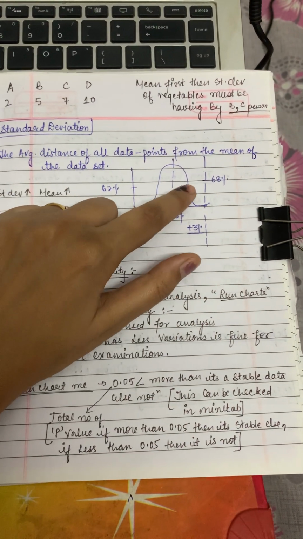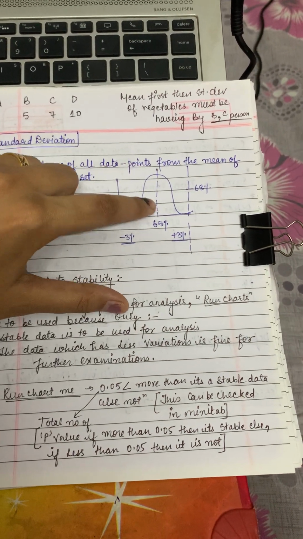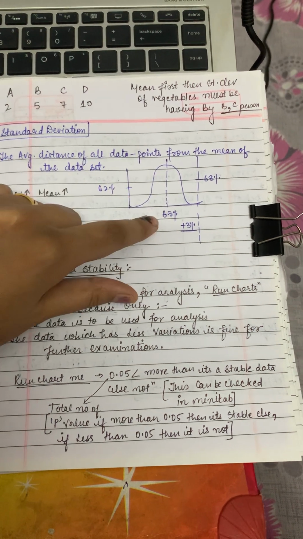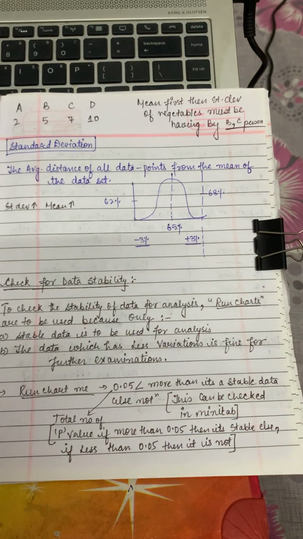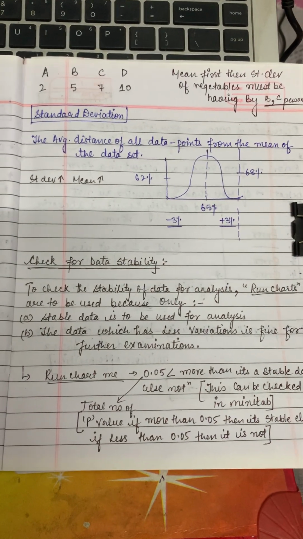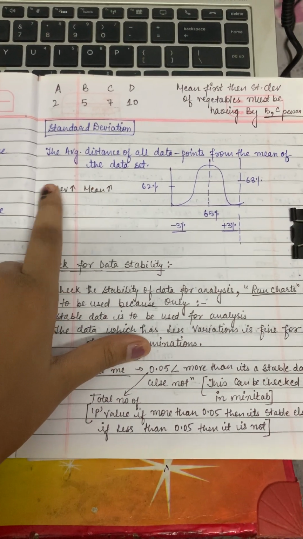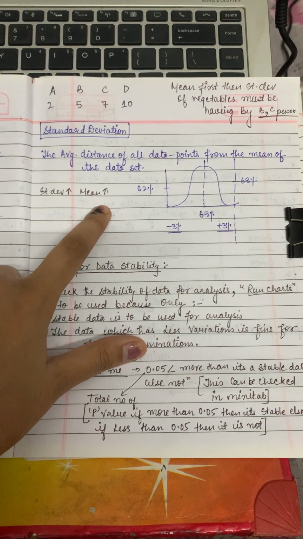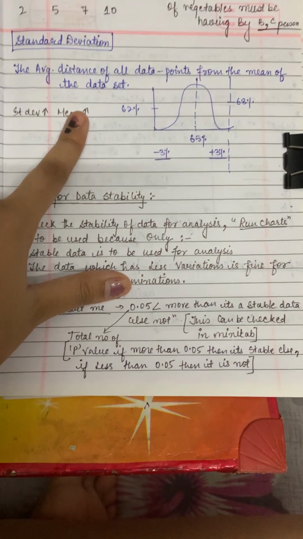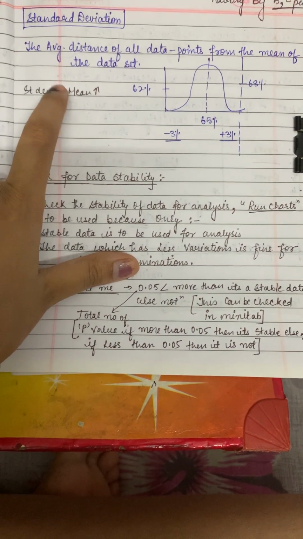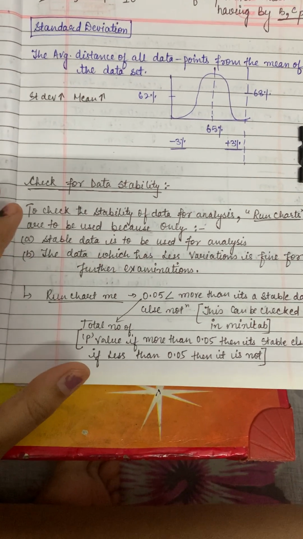If it is skewed, less than the normal distribution, then the data has a major standard deviation. If the mean is more, then the standard deviation must be more. If the mean is less, the standard deviation must be less. Suppose we have a mean of around 6, then the standard deviation probably comes as 2.5 or 3.